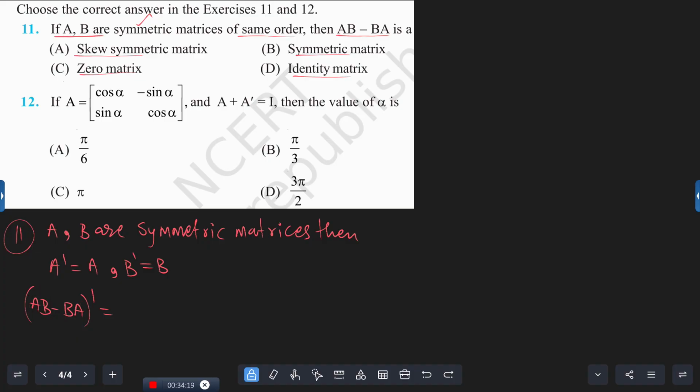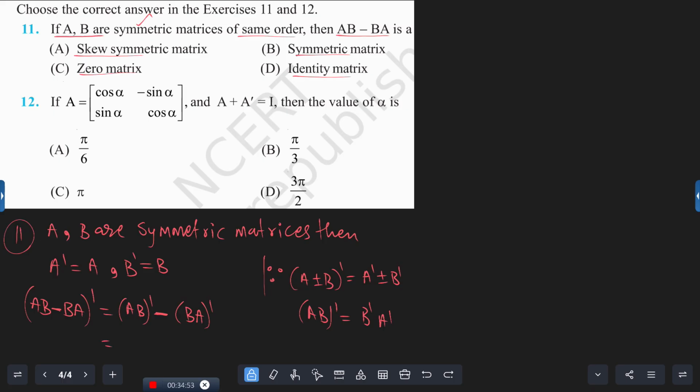Listen, children, when we have addition or subtraction inside a whole transpose, it is A transpose plus or minus B transpose. Have you remembered this formula? As per that, bringing the transpose inside, we get AB whole transpose minus BA whole transpose. One more formula: AB whole transpose is reversed, B transpose A transpose.